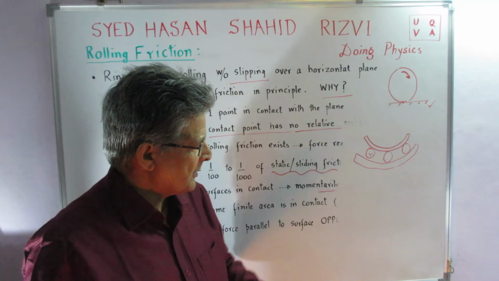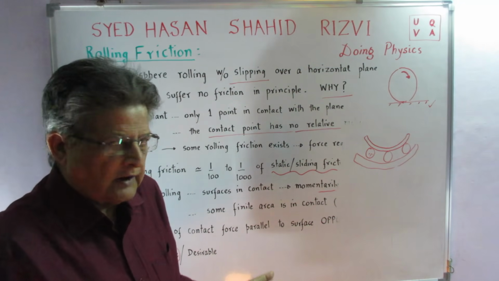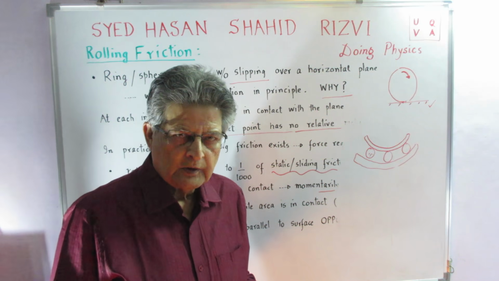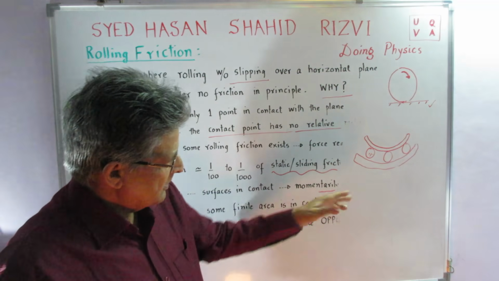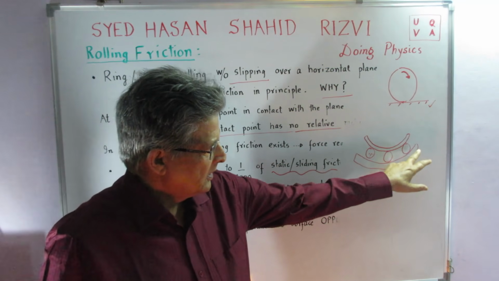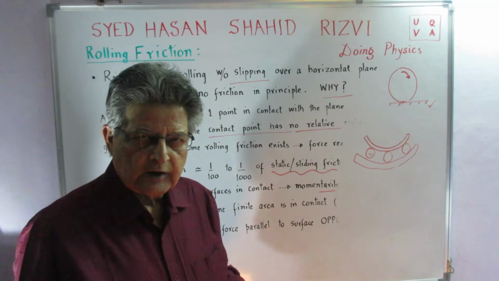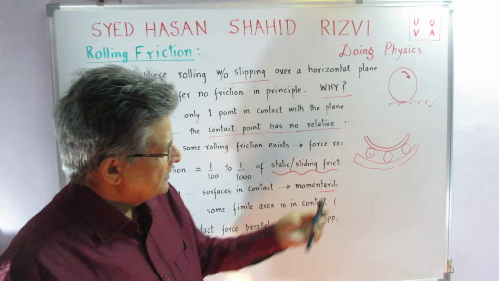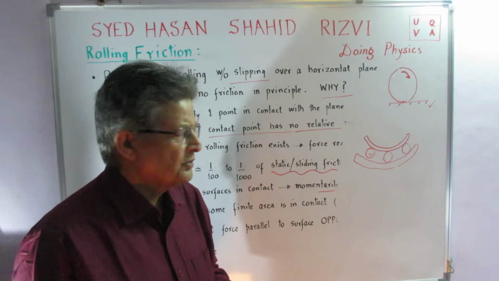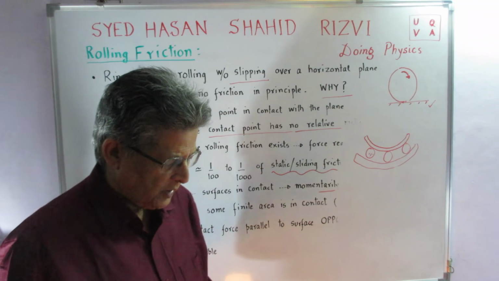In some of the Japanese trains also they have elevated rails. The wheels are elevated above the road, and there is a cushion of air so that the friction is minimized.